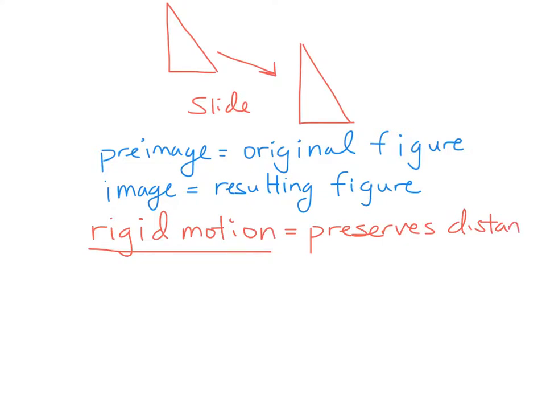Let me just give you a for instance so you know what I'm talking about here. If I were to give you this triangle, and then it became this triangle.